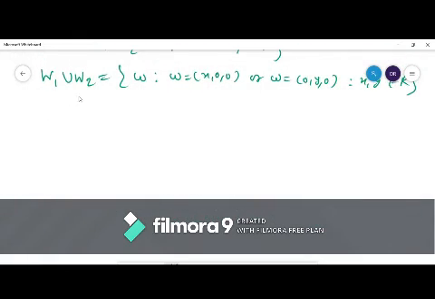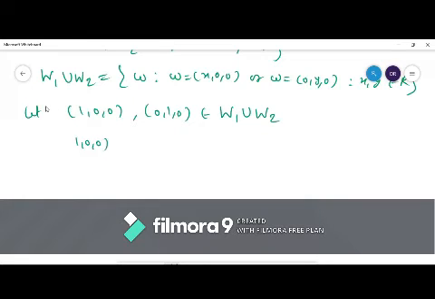Here we prove this union is not a subspace. Let (1, 0, 0) and (0, 1, 0) belong to W1 union W2. Then (1, 0, 0) plus (0, 1, 0) is equal to (1, 1, 0), which doesn't belong to W1 union W2.